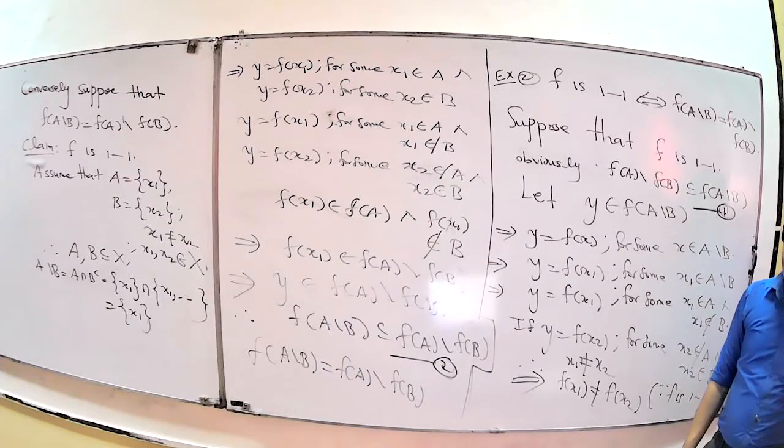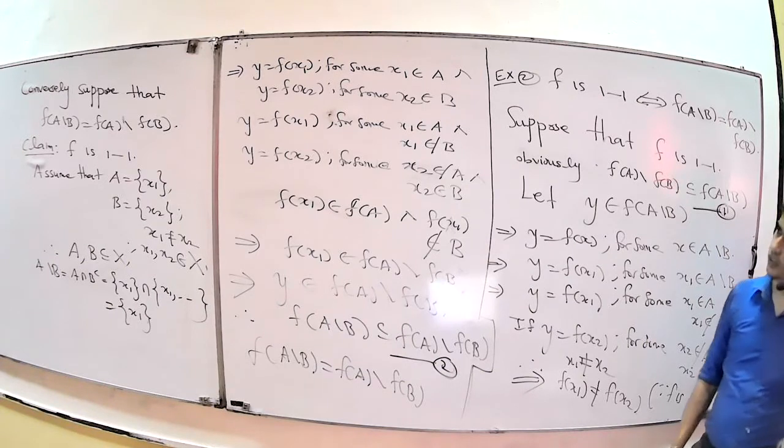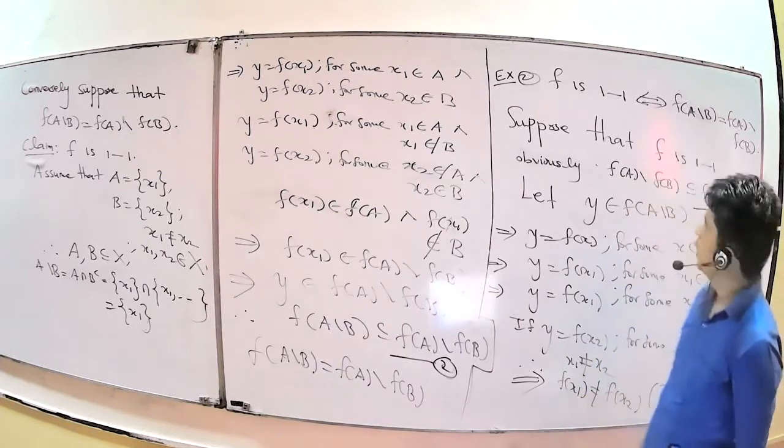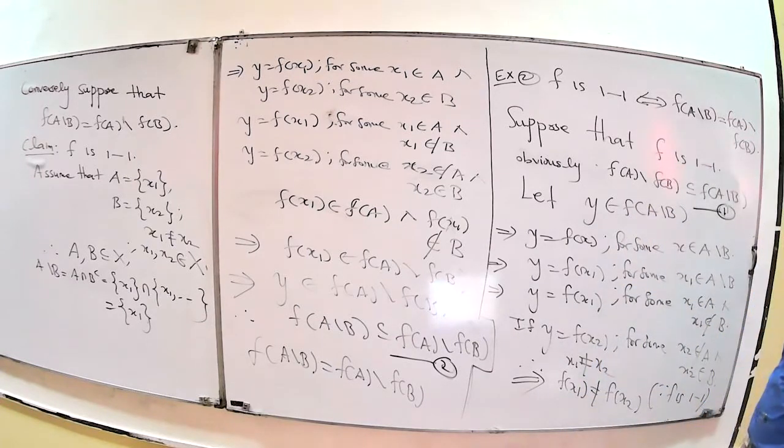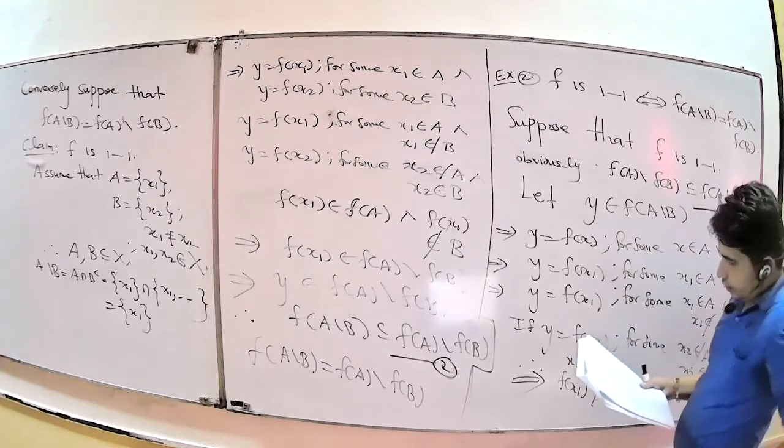Now, you want to show that F is 1 to 1, right? Therefore, we assume H1 not equal to H2, and we want to show that f of x1 not equal to f of x2.